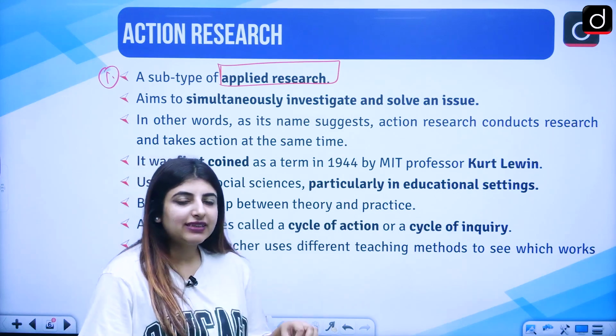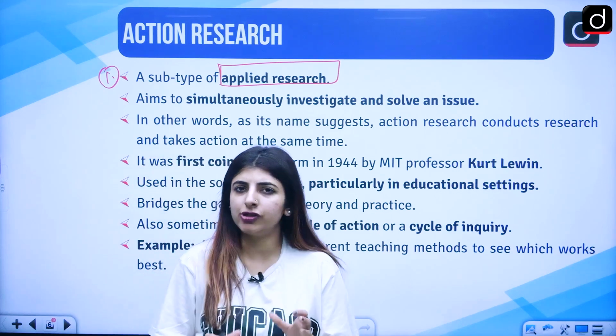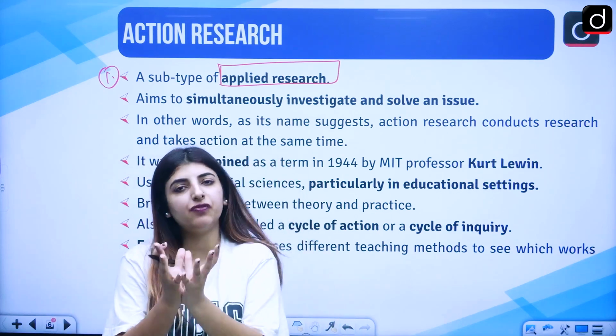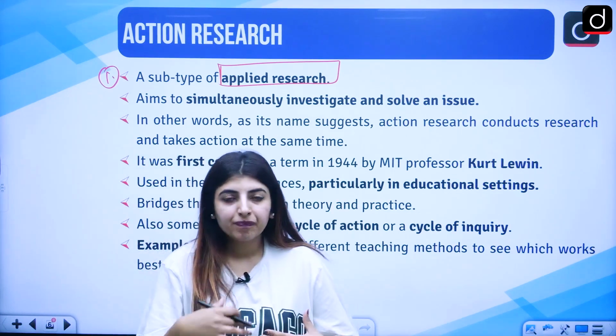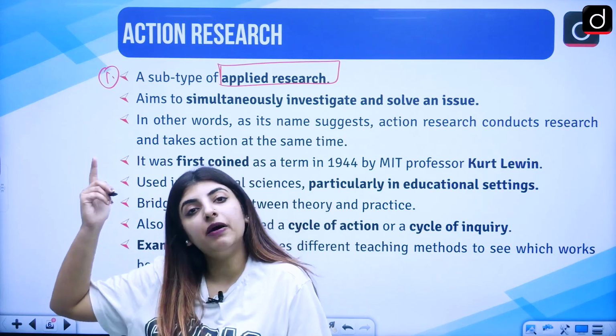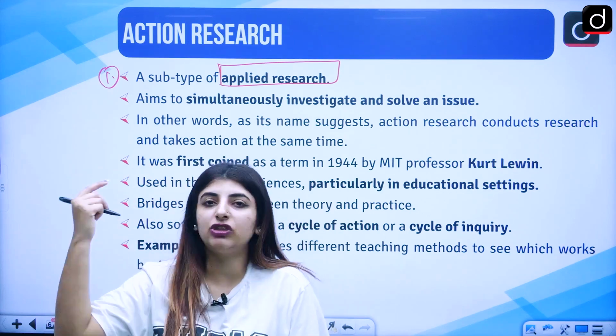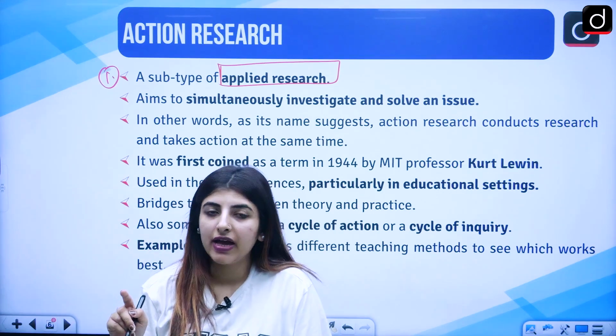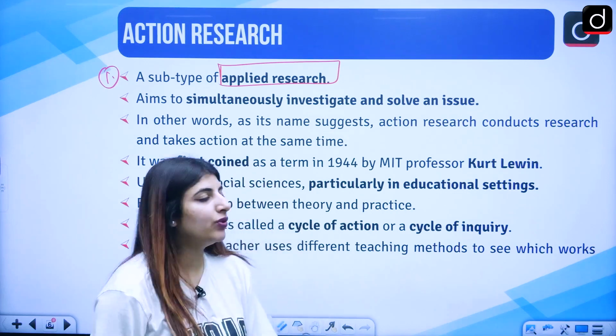So action research will try to find solutions to a specific problem for specific people only. I will not be able to generalize those very particular solutions to some other person, some other group or some other societal level. No, I cannot do that. Applied research can do that, on the other hand.